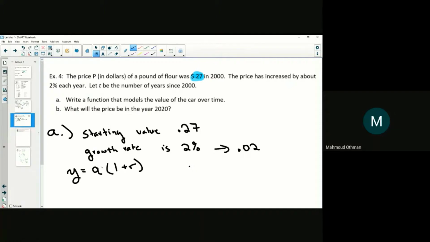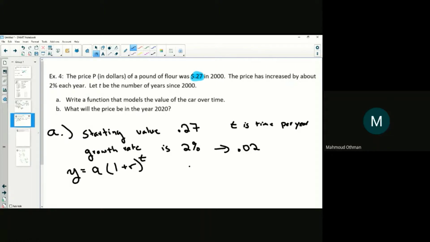So y equals our starting value times 1 plus our rate raised to the t, or raised to the amount of time, where t is time per year.